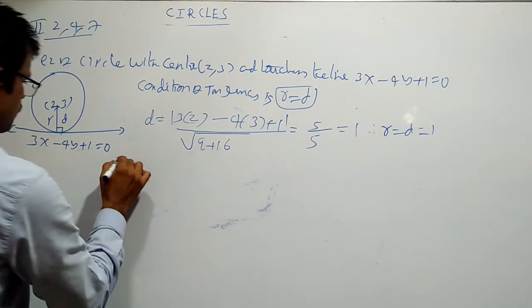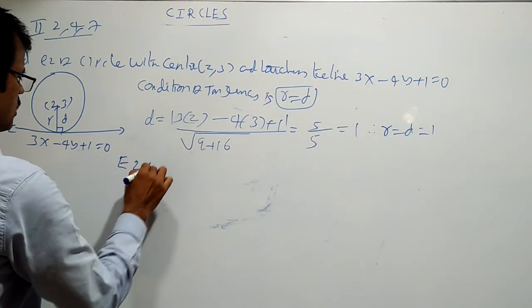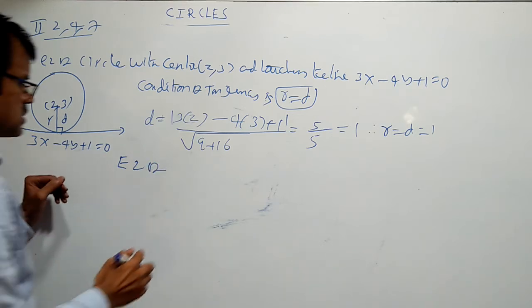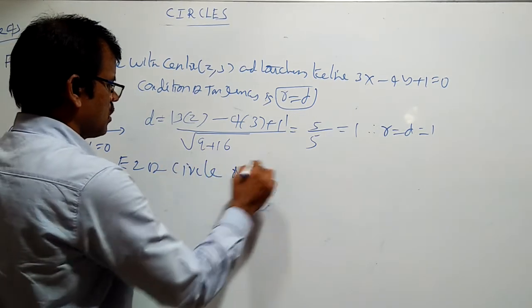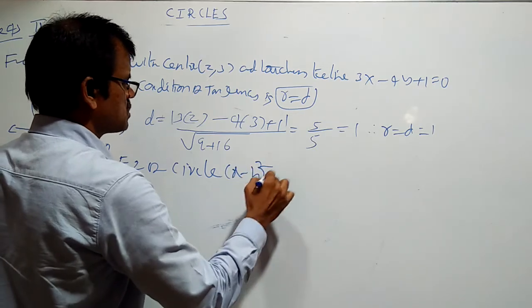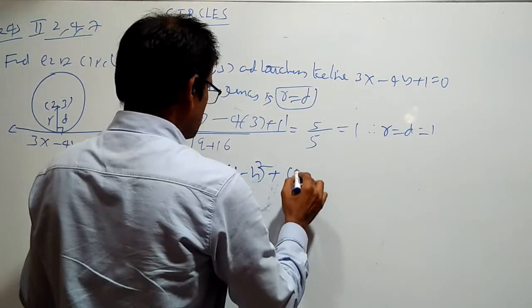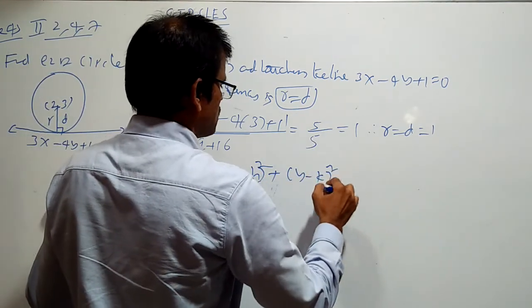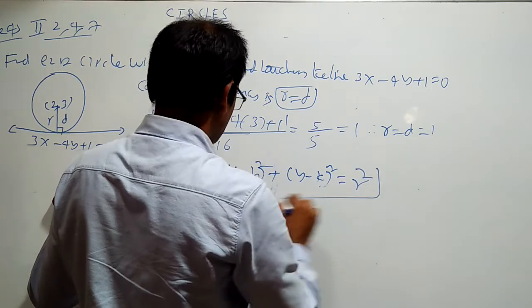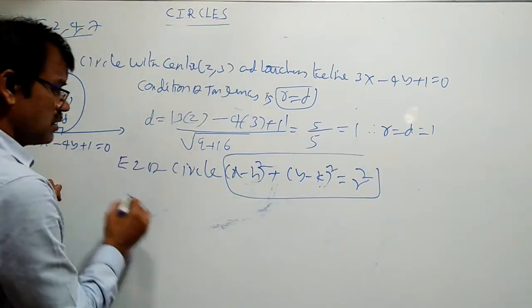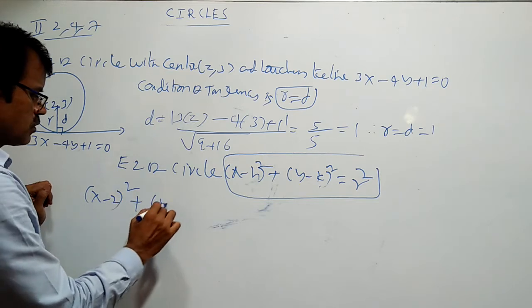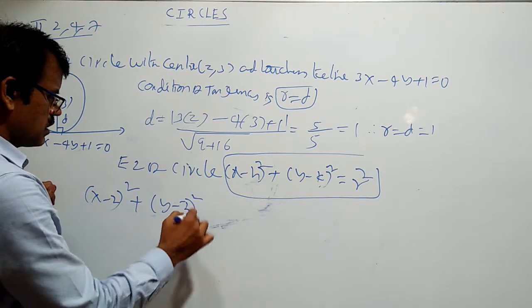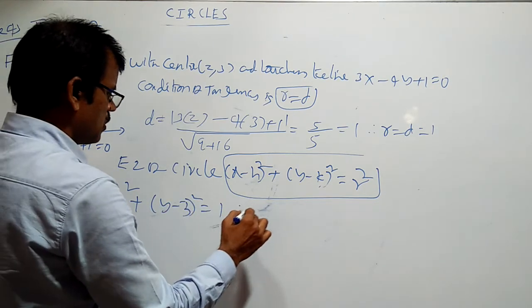So equation of a circle having the radius R and having center h, k is x minus h whole square plus y minus k whole square is equal to R square. Depends upon this one, x minus 2 whole square plus y minus 3 whole square is equal to 1.